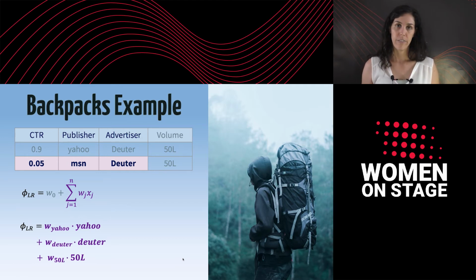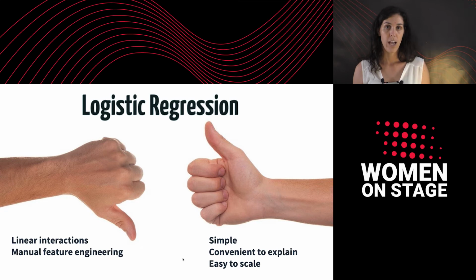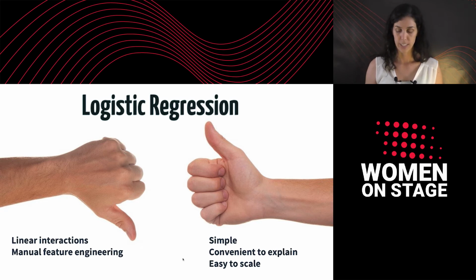But when I have an individual weight for each of the features, this relationship won't be modeled. So to sum up logistic regression, it's simple, convenient to explain, and easy to scale, but it only represents linear interactions. So if we want to model something nonlinear, we have to manually feature engineer it ourselves.